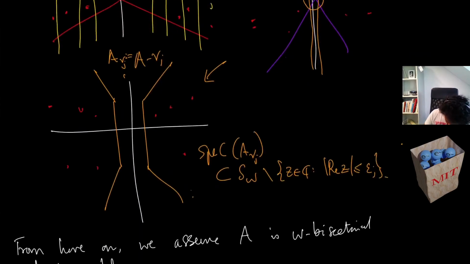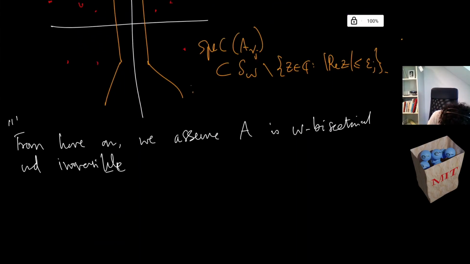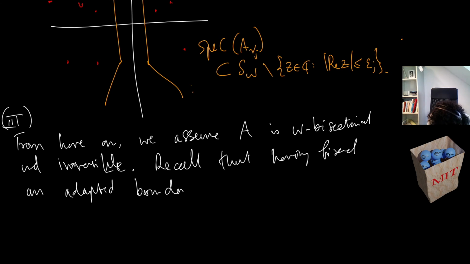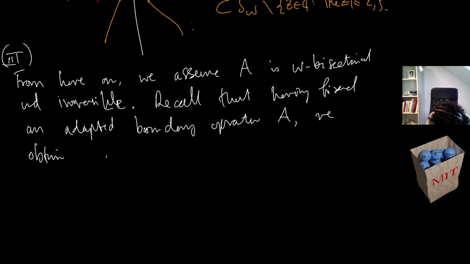So maybe I should really write this down. The third point is that from here we assume that A is bisectorial and invertible. Recall that having fixed an adapted boundary operator A, we obtain D equals sigma t partial t plus A plus RT.